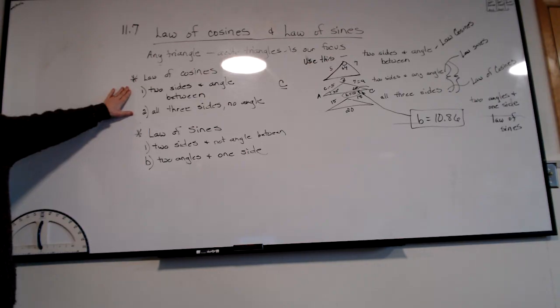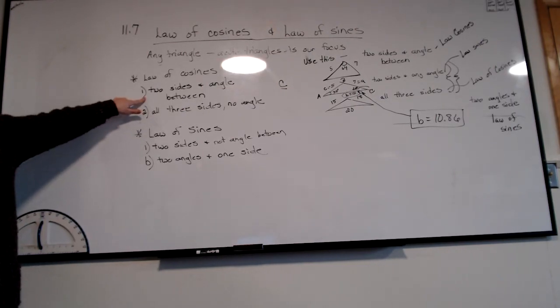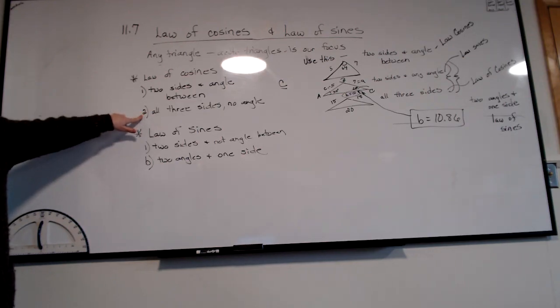Law of cosines is a squared equals b squared plus c squared, and so on. There's three different versions of law of cosines. Check to make sure that you're using the correct version. If you have an angle, use the one that has that angle in the equation. If you have all three sides, use the one that has the angle you're looking for.